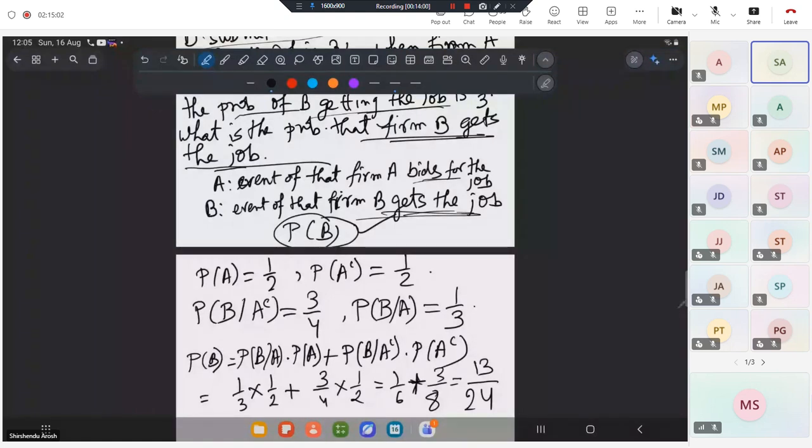So that's basically how we need to find the probabilities in a given scenario. Of course, the main thing is that we need to define what the events are, and given the events, define what numbers are given to you.